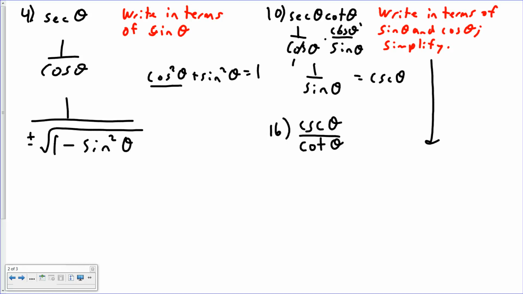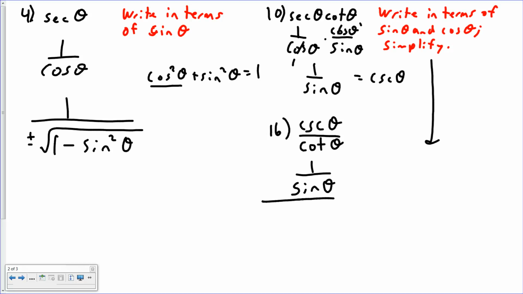Let's go ahead in terms of 16. We've got a lot of unlikable terms here, and I want to change those. So let's see. Cosecant theta is the same thing as 1 over sine theta with the reciprocal identity.